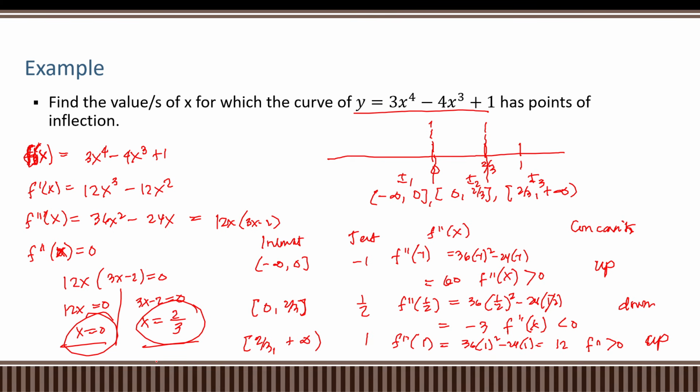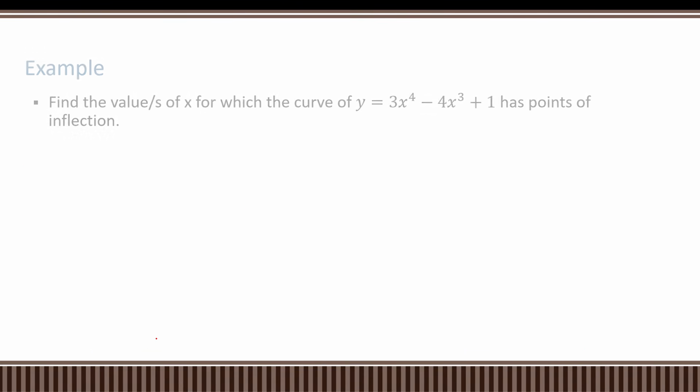So now let us find the point of inflection by substituting into the original equation, which is f of x equal to 3x raised to 4 minus 4x cubed plus 1, at the values of x equal to 0 and 2/3.